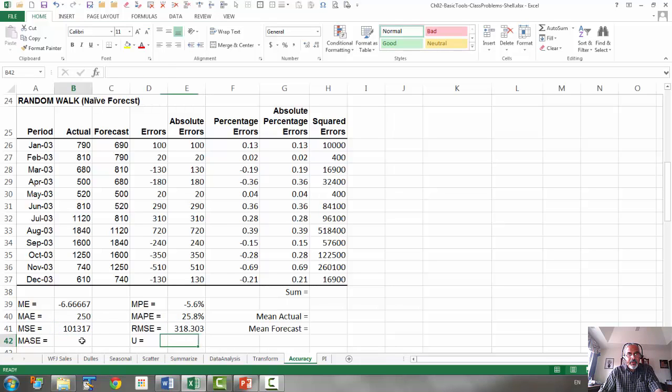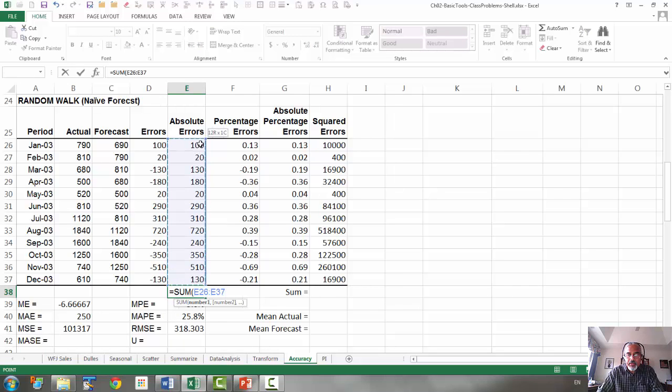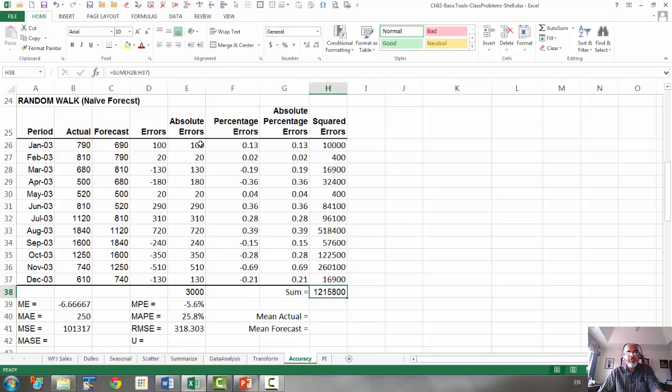Okay. Now mean absolute scaled error, MASE, is the sum of absolute errors. So we need the sum here. Okay. Remember, MASE and U are comparison with respect to random walk.